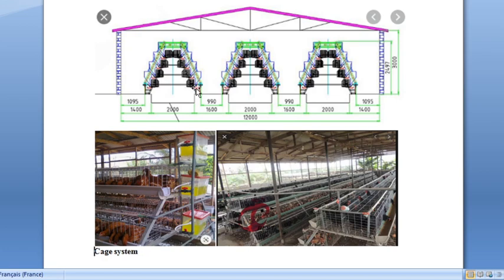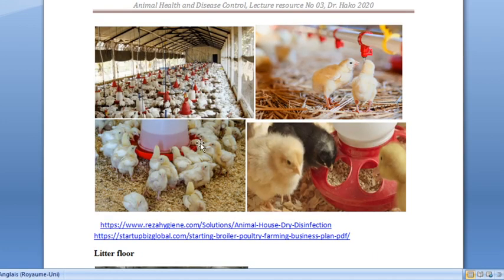Now here you have cage systems. We have cage system adapted for layers. It's a semi-automated or automated system whereby water and feed is automatically distributed to animals. Whereas here we have a litter floor system.